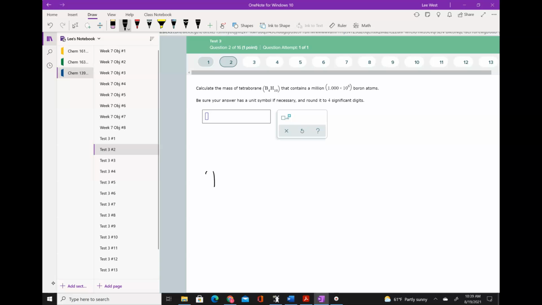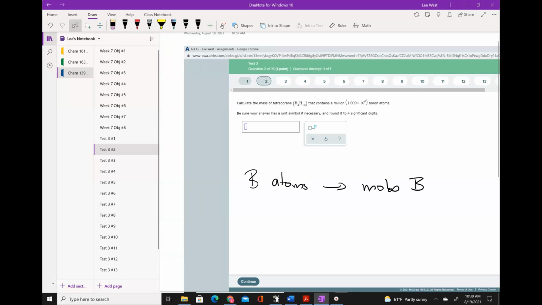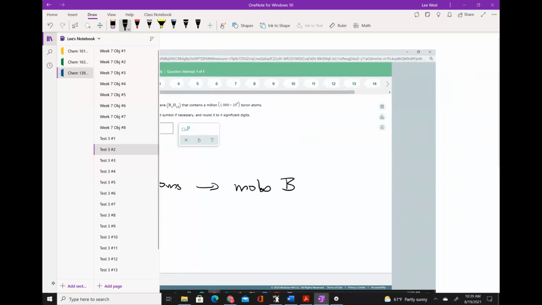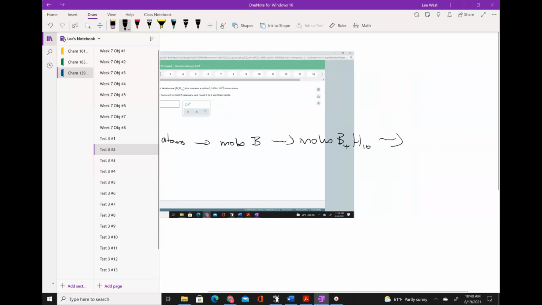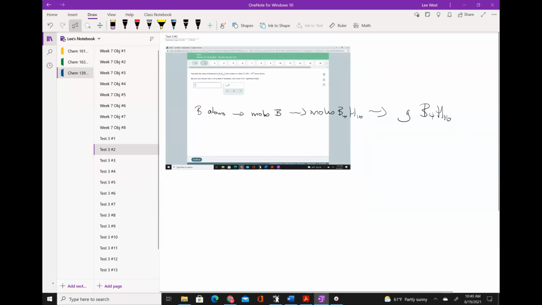We need to go from boron atoms to moles of boron, and then once we have that, we can do the moles of B4H10, and then finally we can go on to grams of B4H10. So we really need to understand how to do all of these conversions.